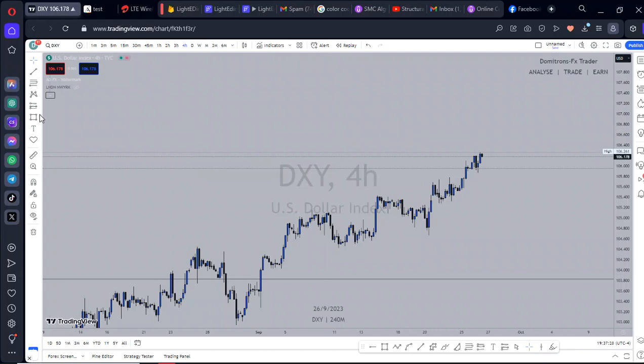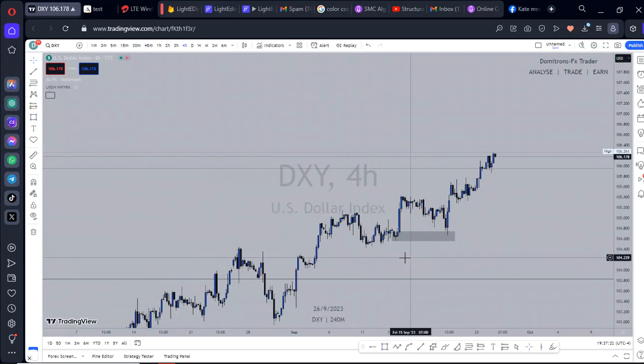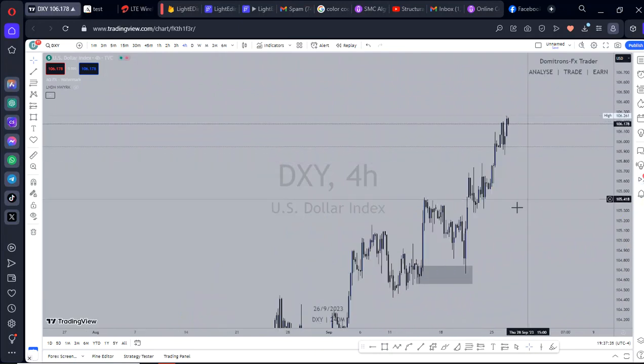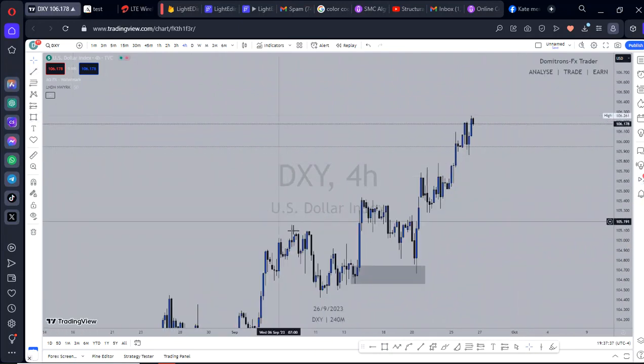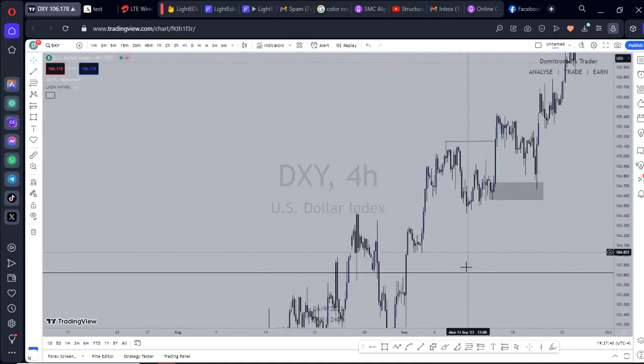Except maybe this one, where you have a clean entry, because we have the expansion right there and the structural break right here. You can see the next candle closed above it, and we traded backwards with liquidity, tapped the order block, and then traded higher.